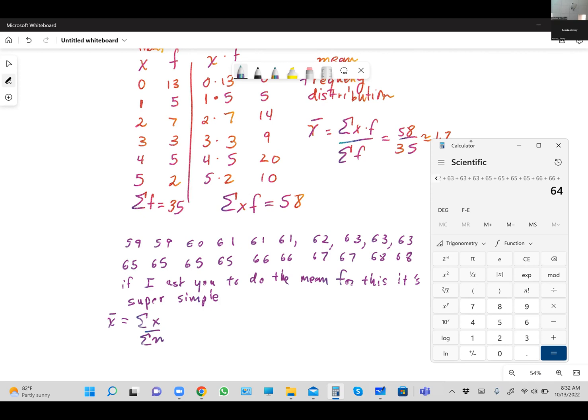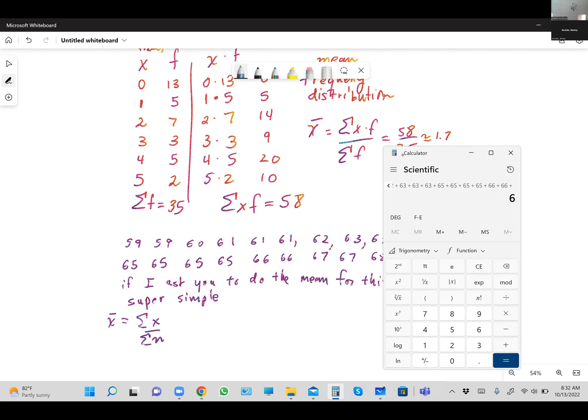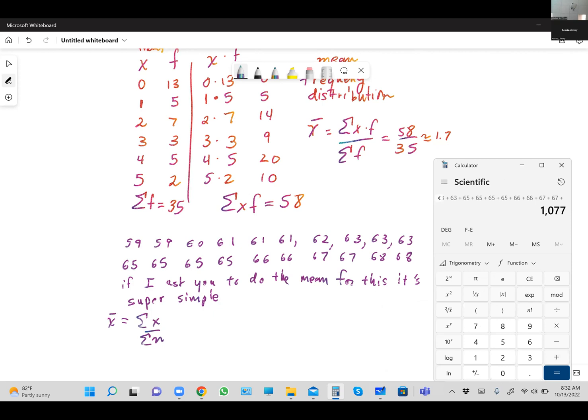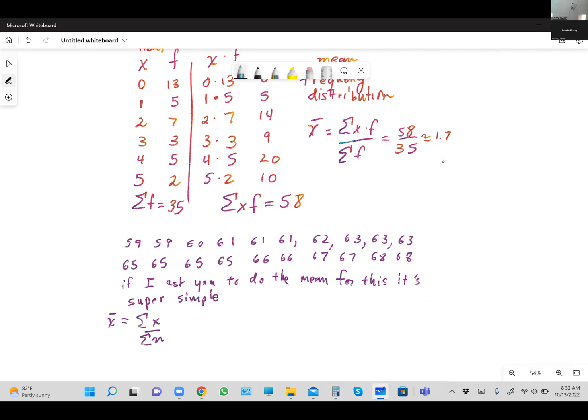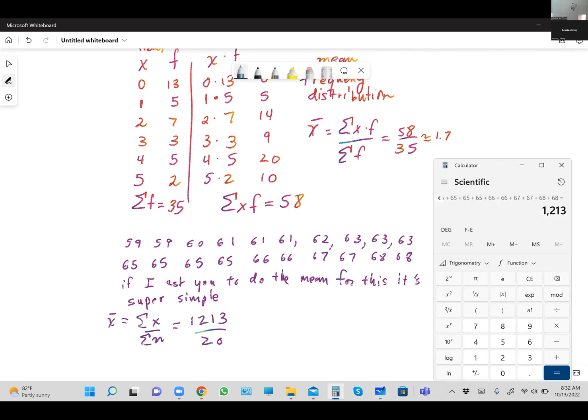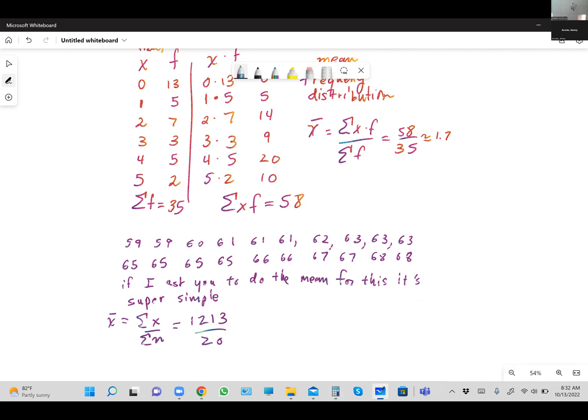Oh, did I write 67? 67 plus 67 plus 68 plus 68 equals 1,213. And I have to divide that by 20. So now I have 60.65. So the average height in this classroom is 60.65.